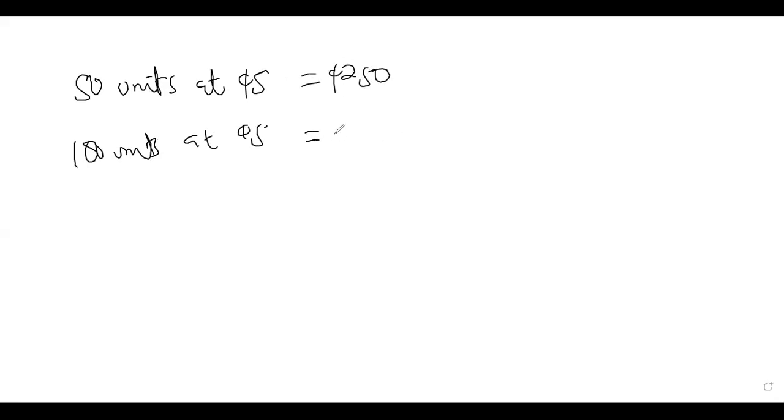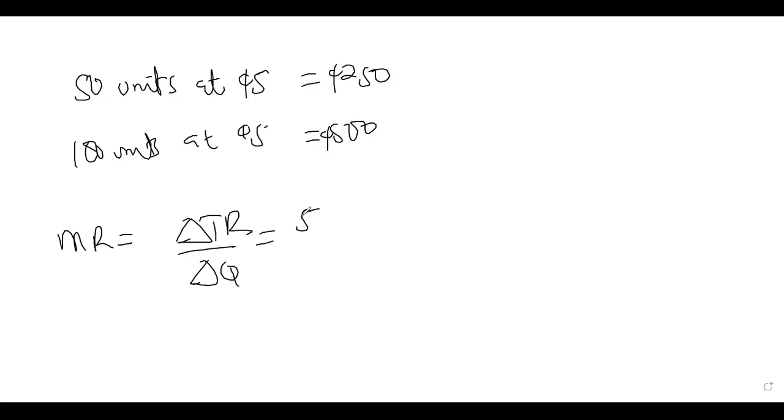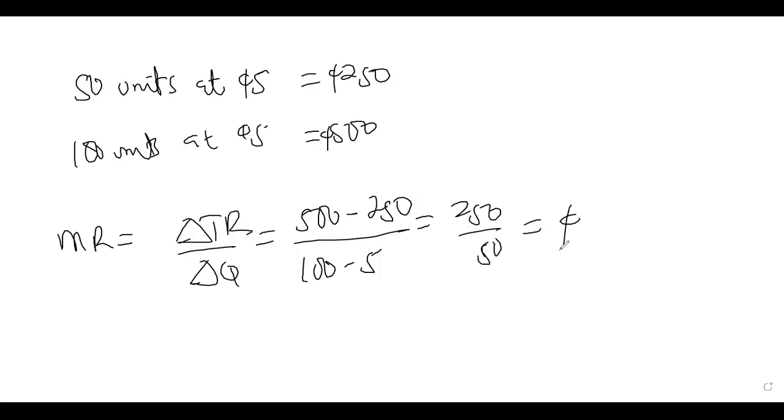Here I'll get 500 cedis. Marginal revenue is change in total revenue over change in quantity. So the change in total revenue is 500 minus 250. Change in quantity will be 100 minus 50. So here you get 250 over 50, and we still get back to the 5 cedis of price.